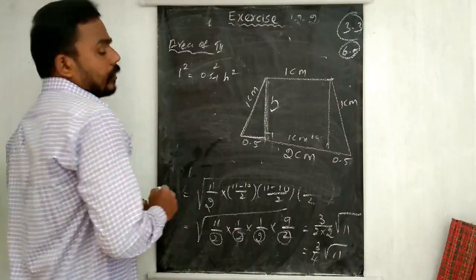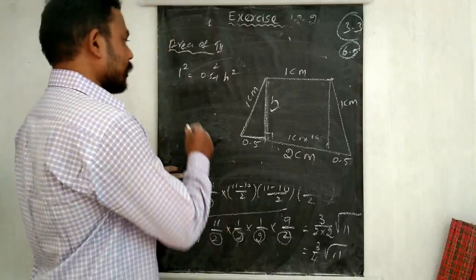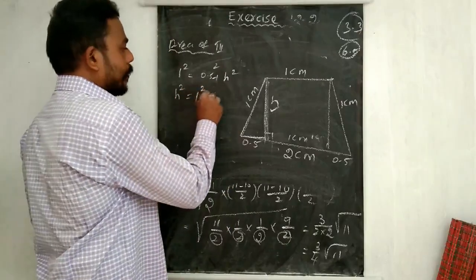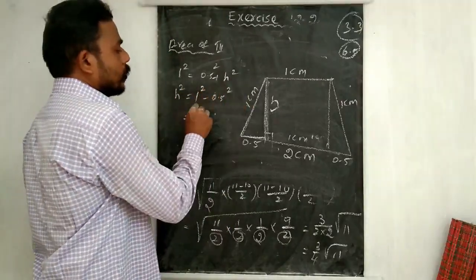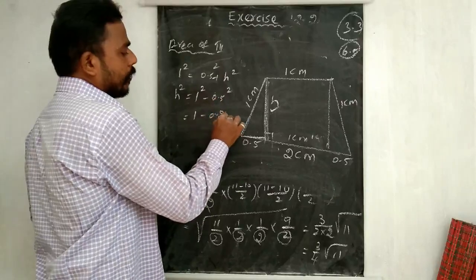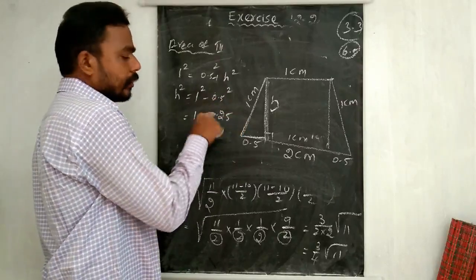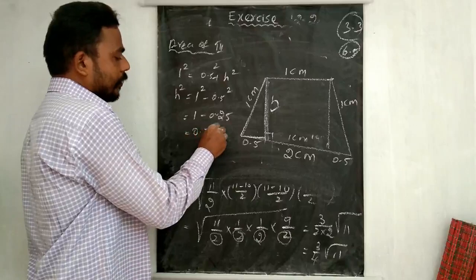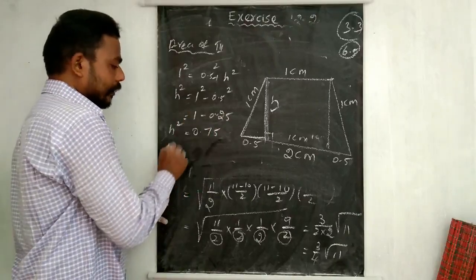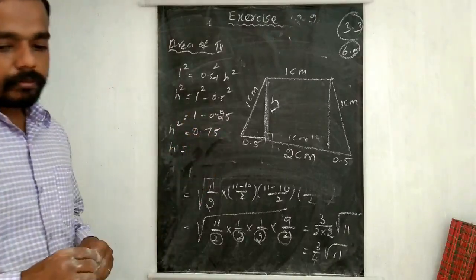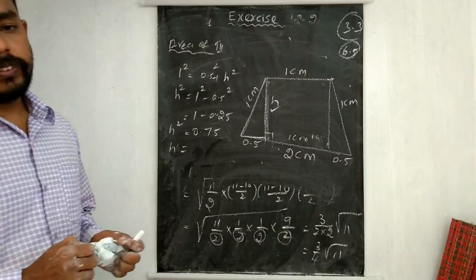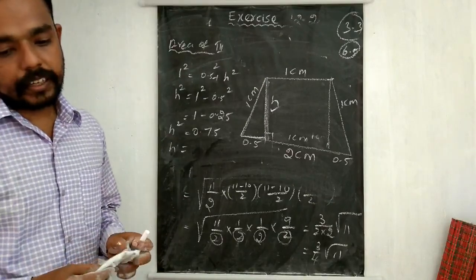So h squared equals 1 squared minus 0.5 squared. So 1 minus 0.25, 0.5 into 0.5 is 25. So 0.75. h squared equals 0.75. h is equal to the square root of 0.75.